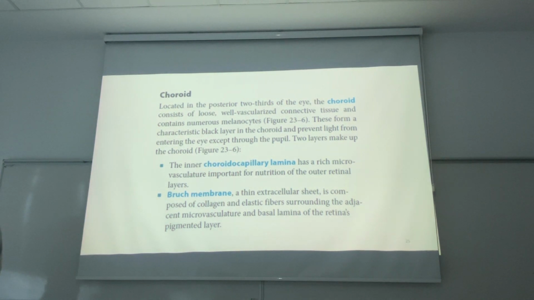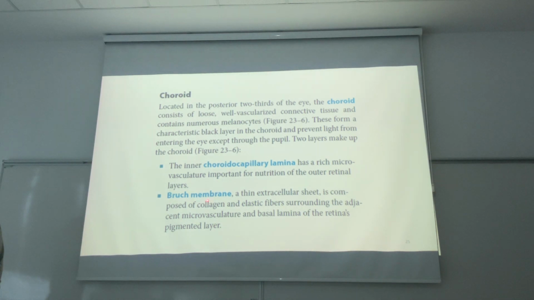Bruch's membrane has a role in the blood-retina barrier, or blood-retinal pigment epithelium barrier. Blood in the capillaries of the choroidocapillary plexus is connected with the Bruch's membrane and transfers some materials to the retinal pigment epithelium and also removes waste products from it.